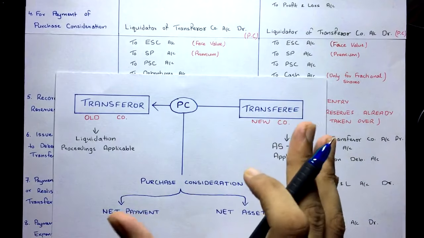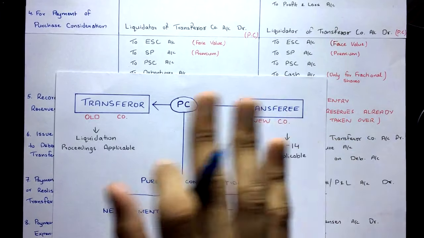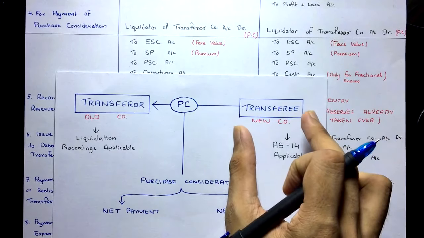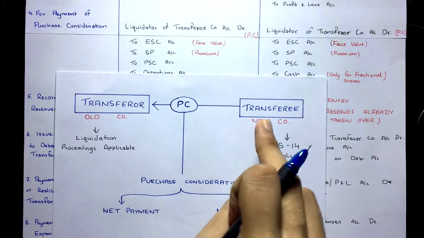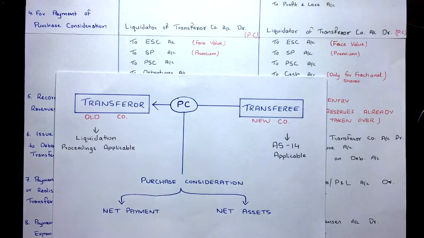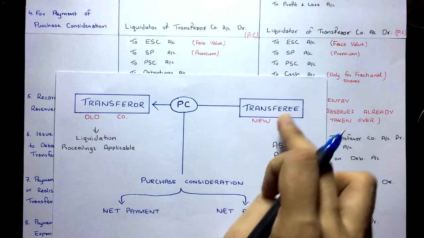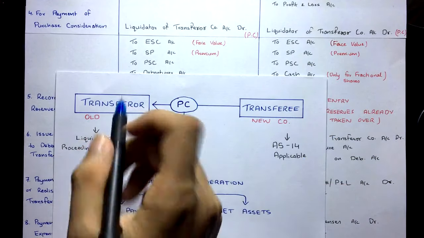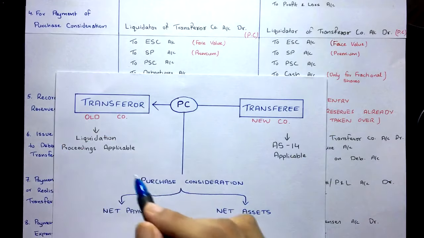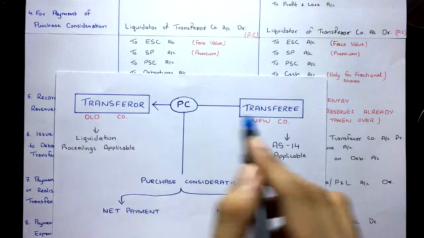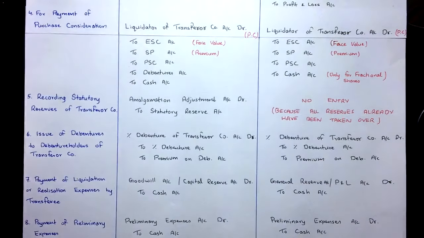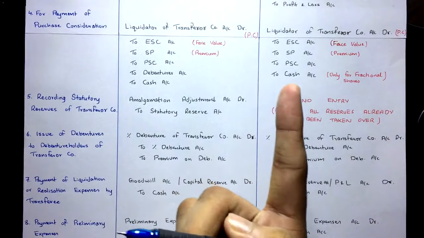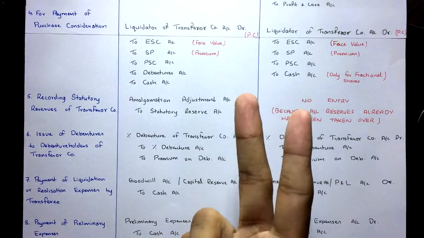But sometimes the transferee company will not pay cash. It will give its own debentures instead of cash to the debenture holders. It will issue its new debentures and the old debentures will be cancelled. So cancel the old debentures and take our debentures.